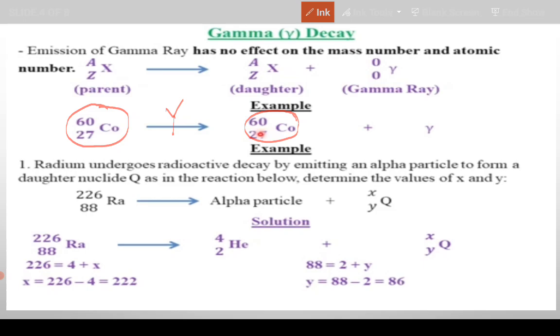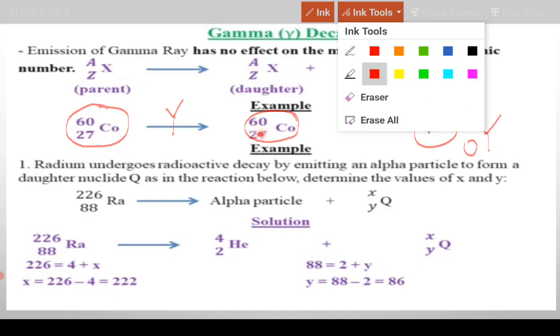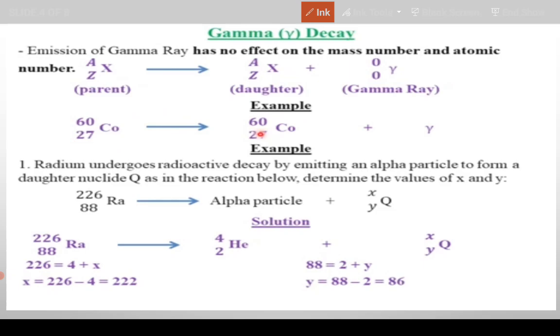But don't forget to add the gamma symbol there. So gamma, which has no mass and has no charge, when you add the numbers up, you should be able to get back the original mass and atomic number respectively. So that's what we have.